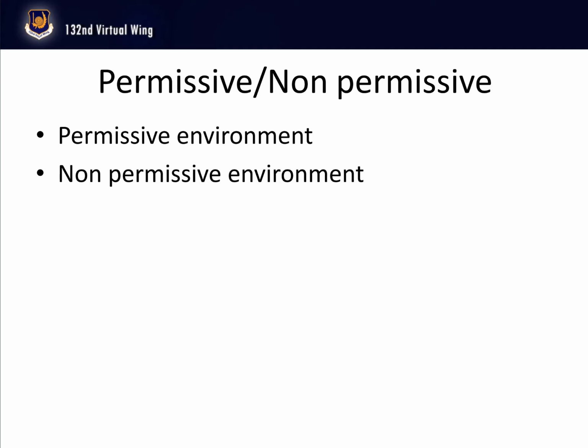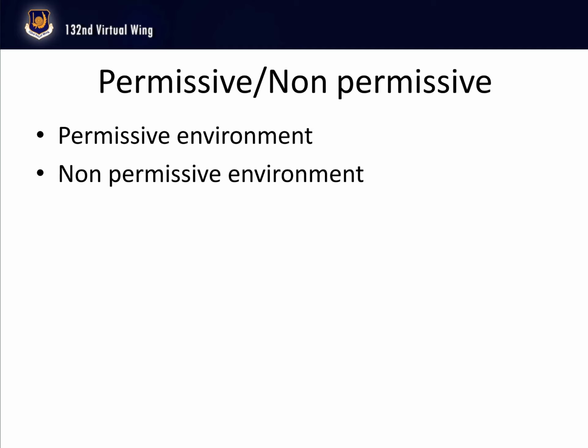Permissive environment is when the threat is reduced. For example, if it's machine guns or AAAs and stuff like that. Of course, it is dangerous, but it's relatively safe. So you can probably, at least for some sort of aircraft like the A-10, have them hold what we call the overhead.